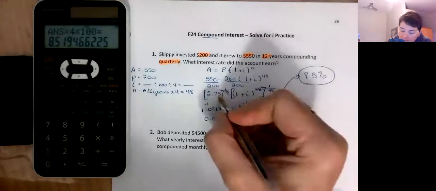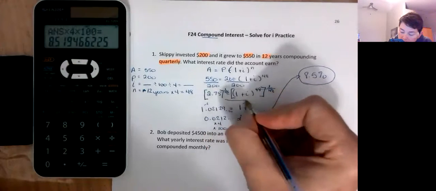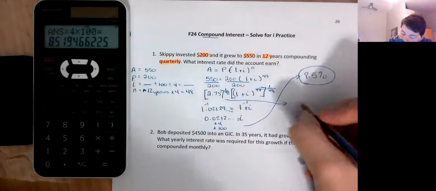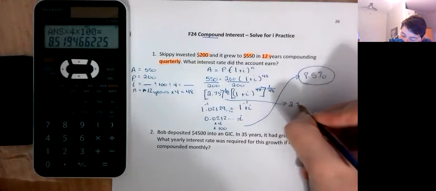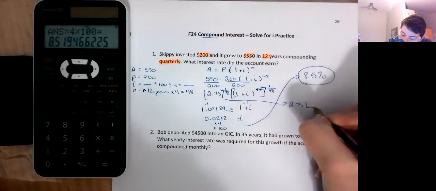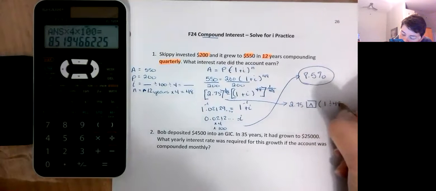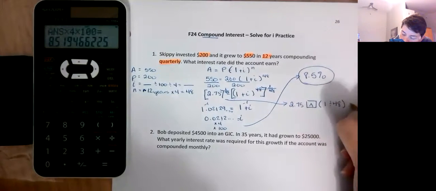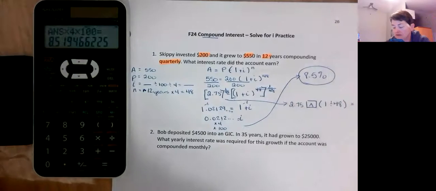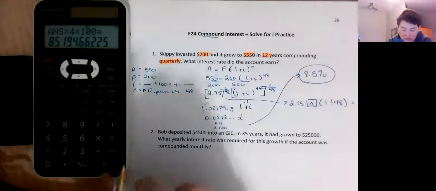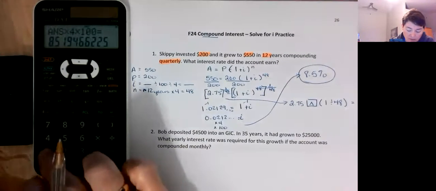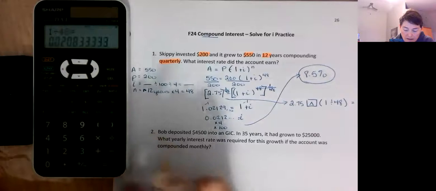Okay, so I was going to put a little arrow over here. So 2.75, and then you take your caret key and then bracket 1, divide by 48, and equals. That's the keystroke you could use to do that. If you want, another option is just go 1, divide by 48.